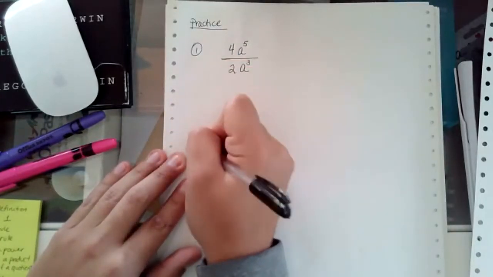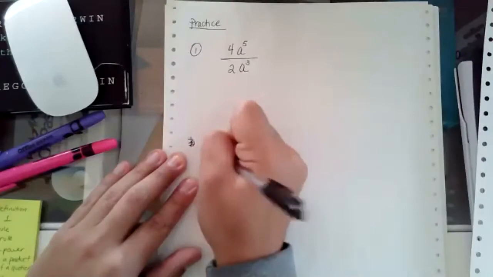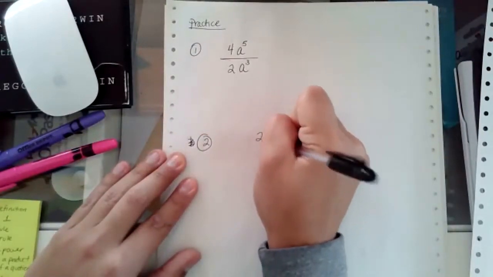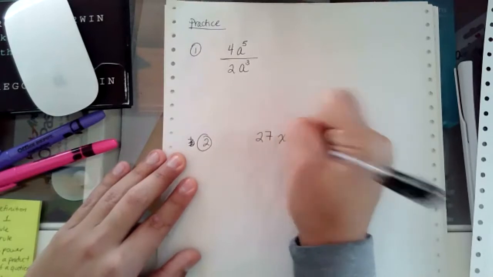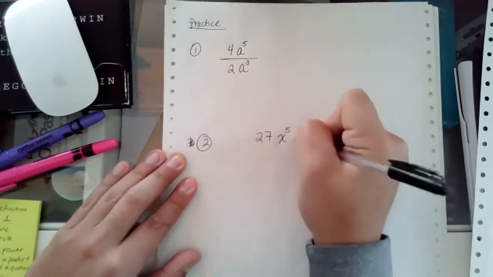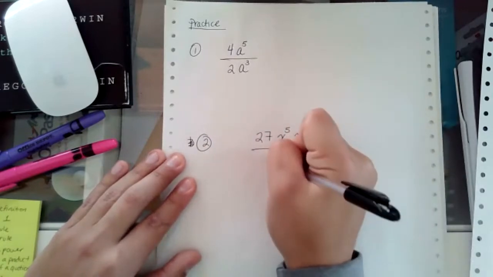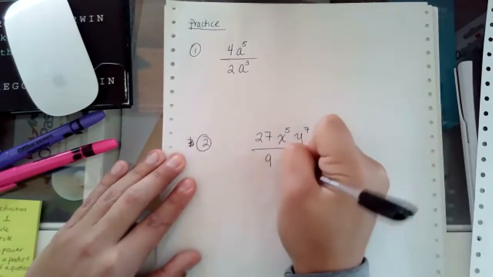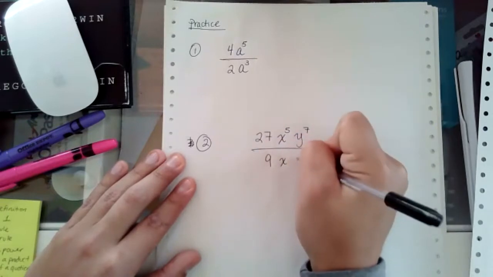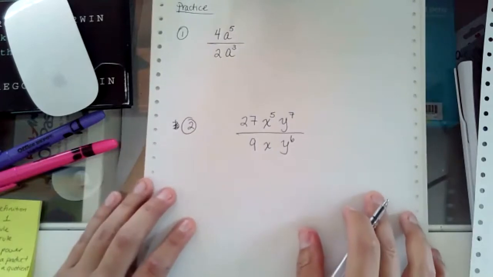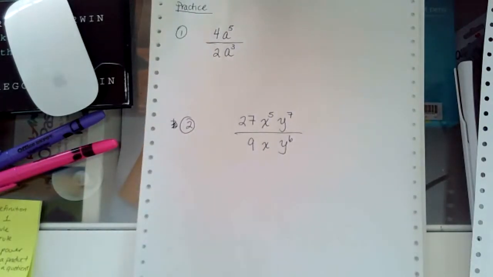And we'll do 27x to the 5th y to the 7th over 9x y to the 6th. Yeah, I think those will be 2 good examples.